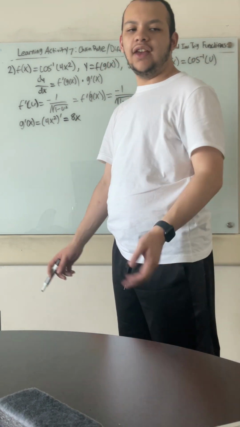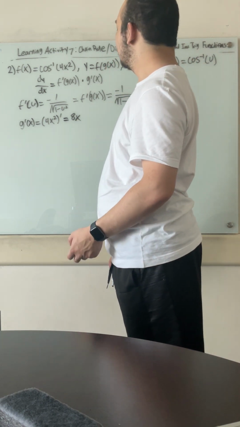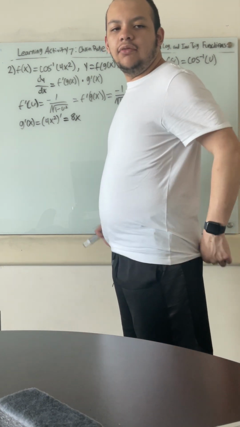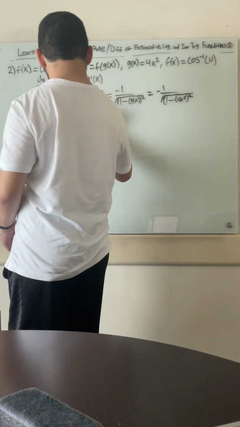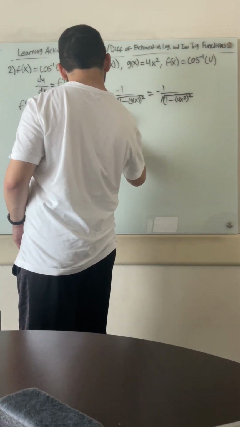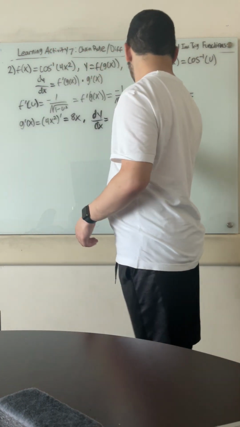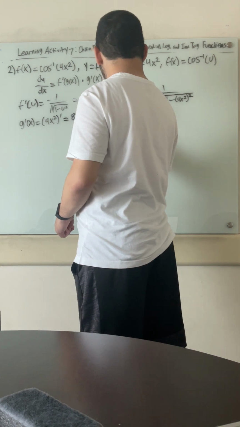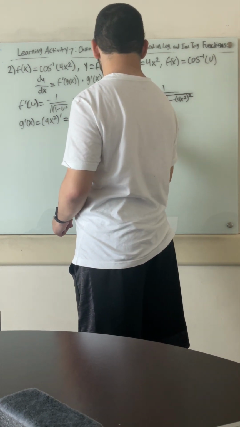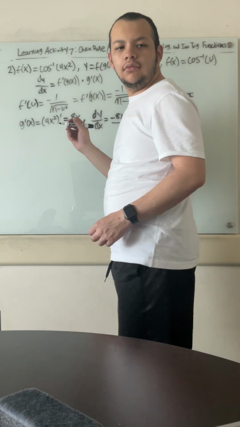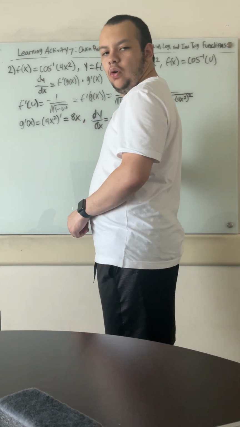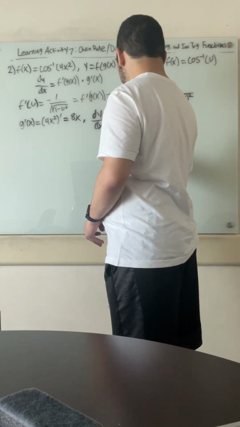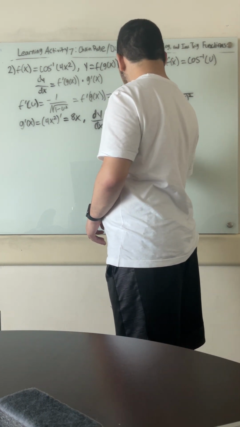All right, and with that being said, now we can just substitute everything in. So what we're gonna do is dy dx is equal to minus 8x over the square root of 1 minus 16x to the 4th.